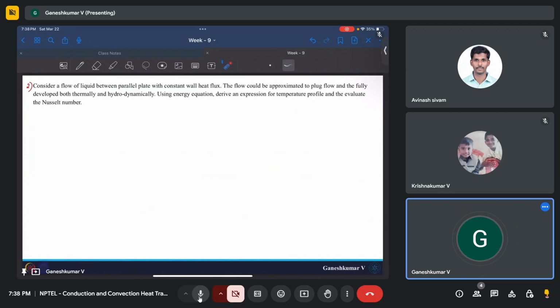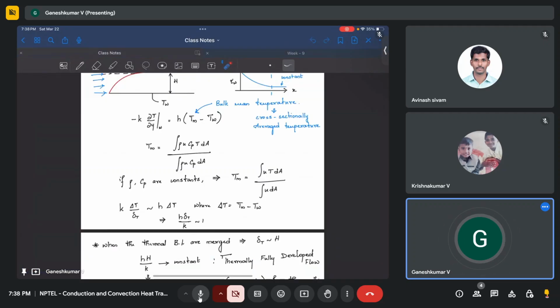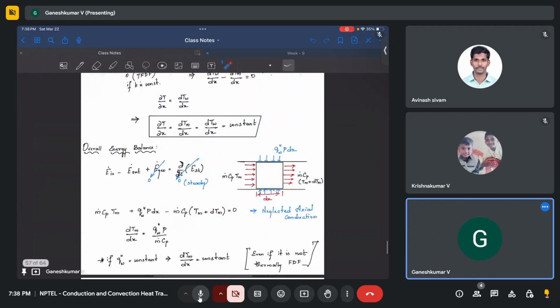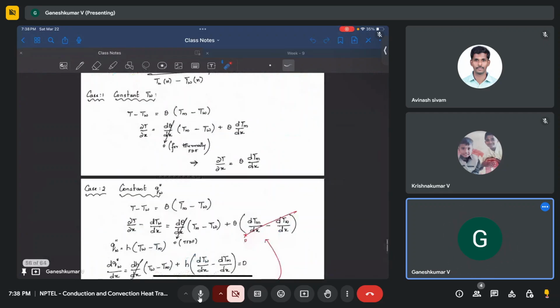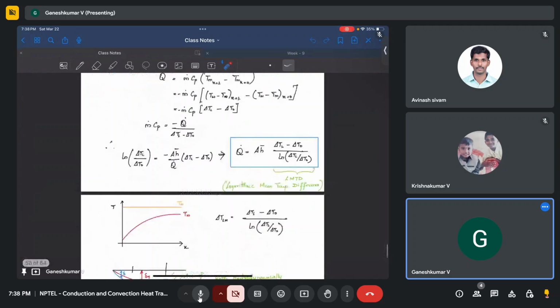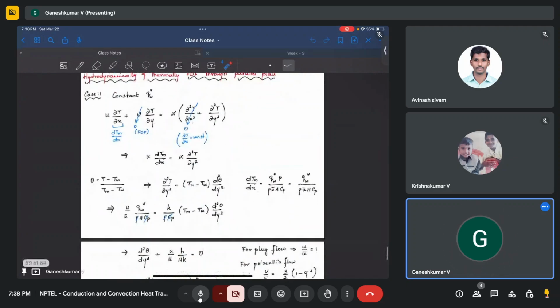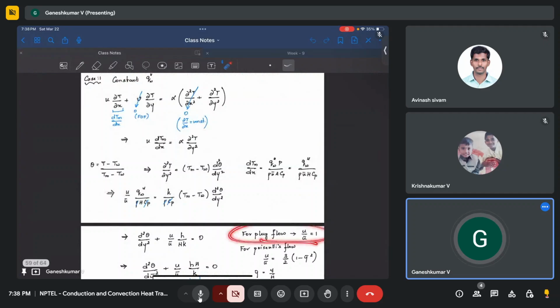So we are going to repeat this calculation for the plug flow, U by U bar is 1. Okay. All right. Let's do it.